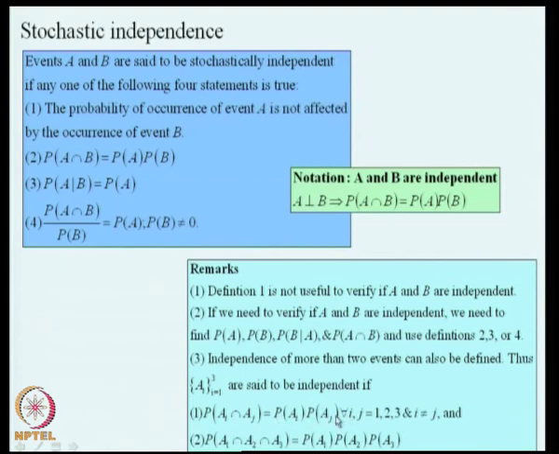Not only that, the probability of A1 intersection A2 intersection A3 must be equal to the probability of A1 times the probability of A2 times the probability of A3. What this means is, it is not enough if A1, A2, A3 are pairwise independent. They need to satisfy one more condition, that when we take all three together, the probability of A1 intersection A2 intersection A3 must be equal to this product.